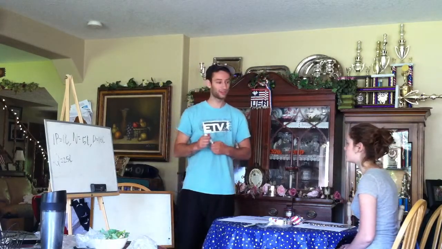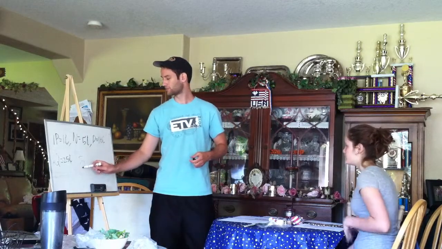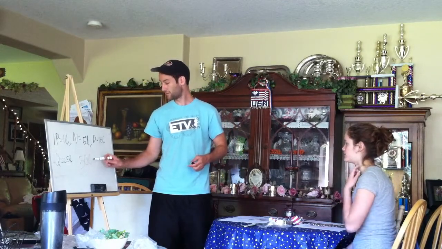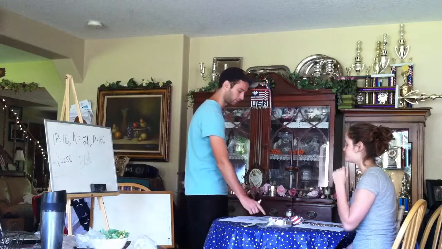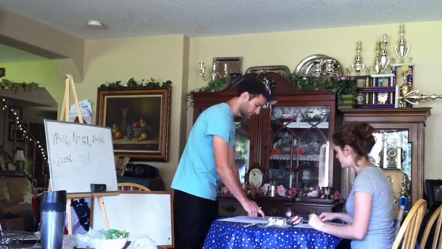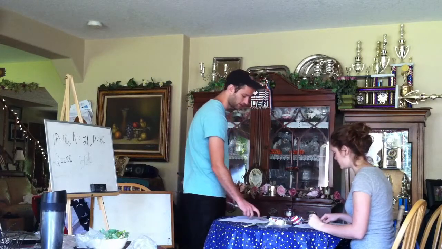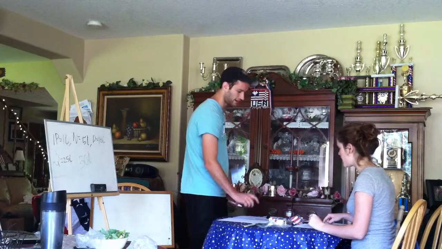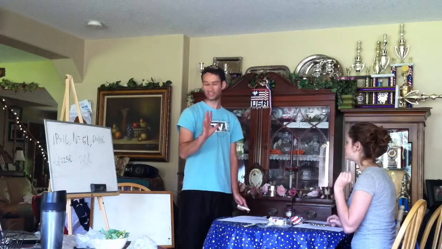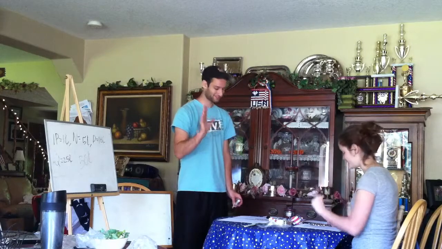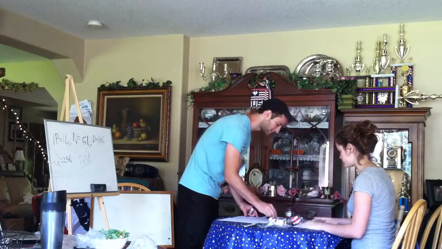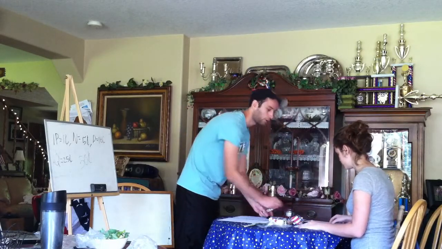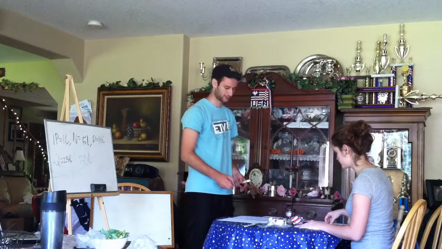So how many coins equals, let's write our number down, 50 cents. Let's count one more time. 1, 2, 3, 4, 5. So how many dimes equals 50 cents? 5.